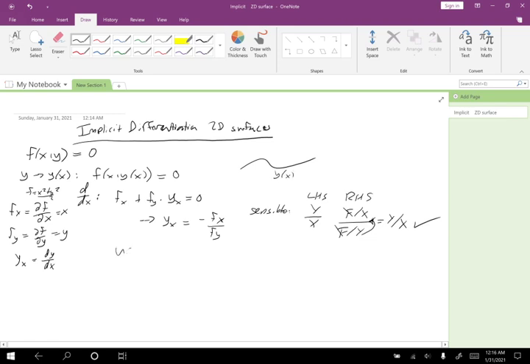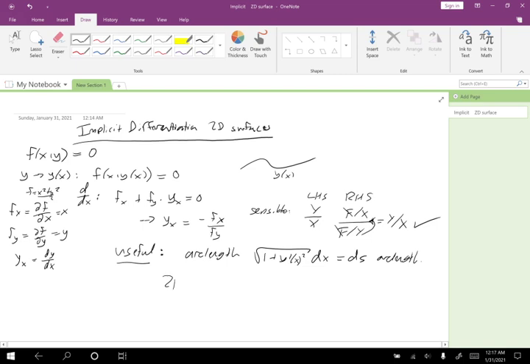Why is it useful? Why do we even need implicit differentiation? Well, one application is arc length of a curve, because you need 1 plus y prime of x squared dx. That is ds, the arc length.